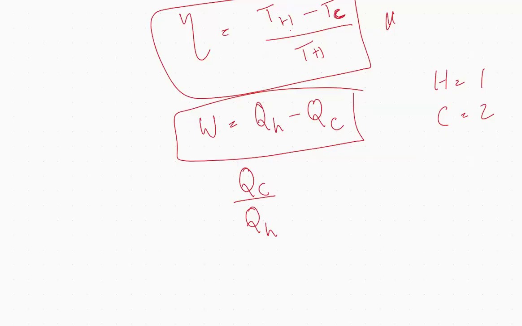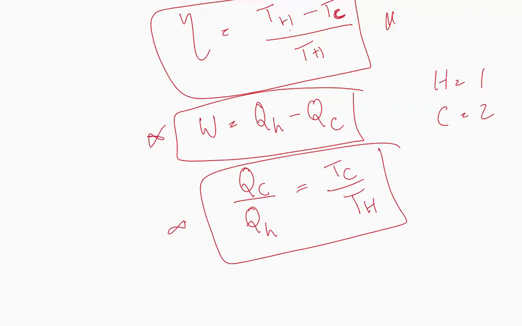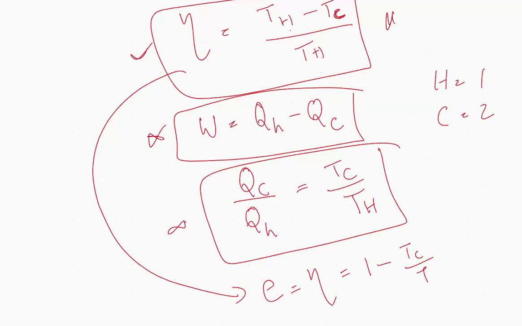Then remember this one. And also efficiency. From this formula, this is the efficiency. You can give it as a fraction, 1 minus TC over TH. What I have done is I have just divided the whole thing. TH by TH is 1, TC over TH, that's what I get. Okay, so this is as a fraction, and you can multiply by 100, and you can give as a percentage too.